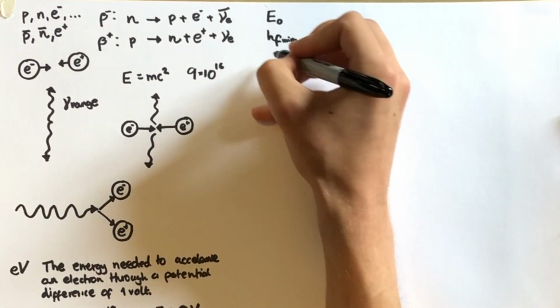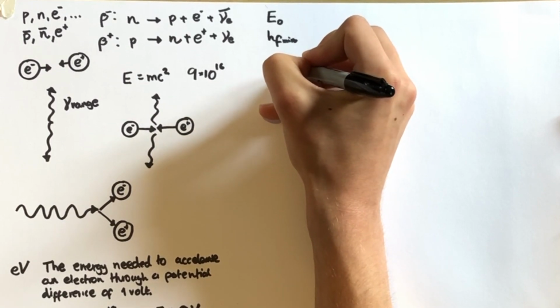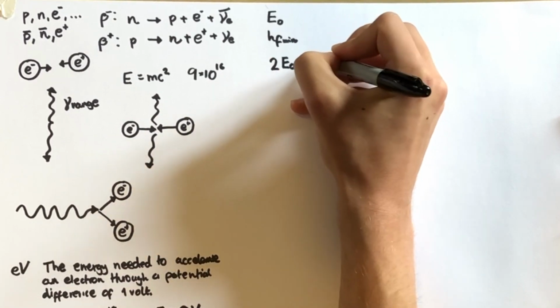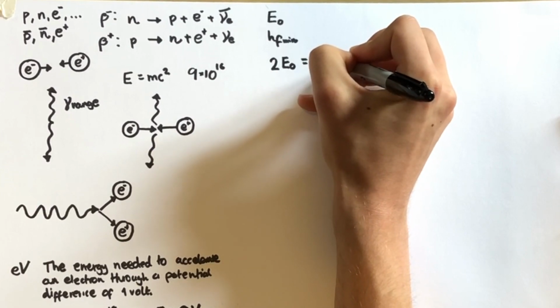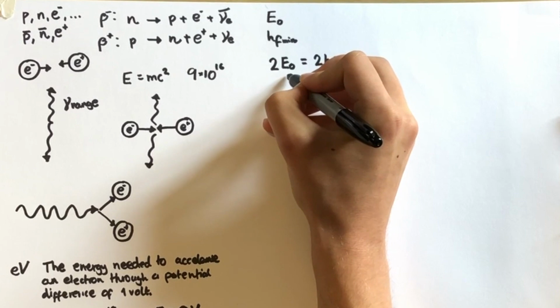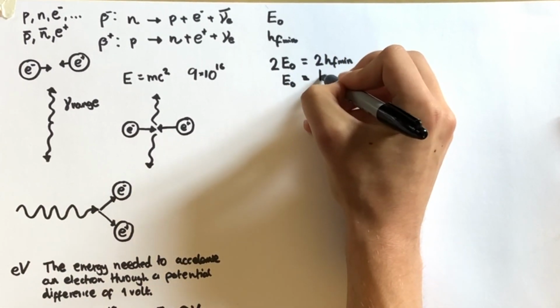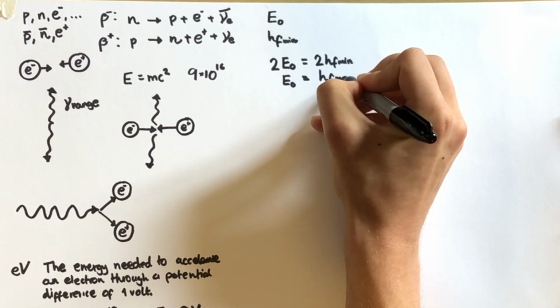We can equate these two energies, saying that 2 E0 equals 2 hf min. And if we divide both sides by 2, we get that E0 equals hf min.